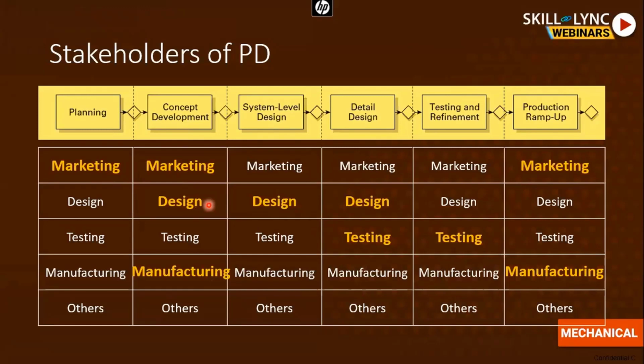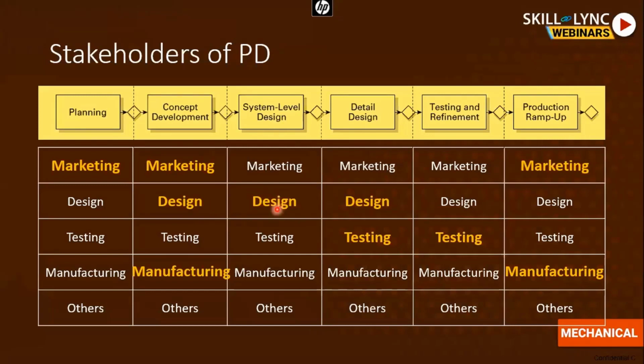Of course, design is required during the concept development time, but you may wonder why manufacturing is required during concept development. Because you can design any part in your imagination, but it has to become reality only through manufacturing. So a basic level of manufacturing input is required before we design the concept to understand whether the product is really feasible to launch in the market.